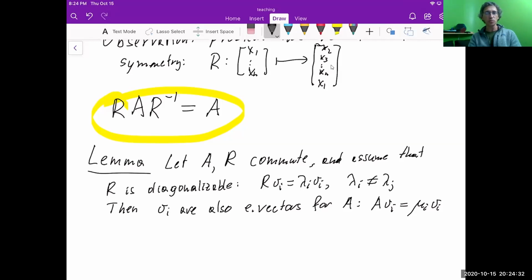Of course, the eigenvalues will be different. So that's the lemma.